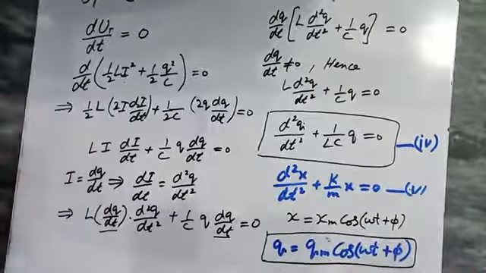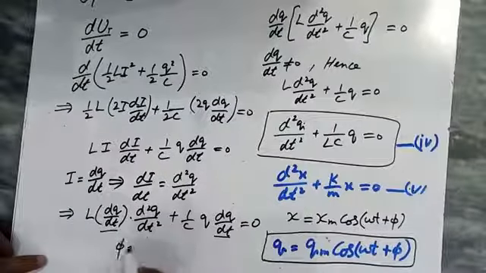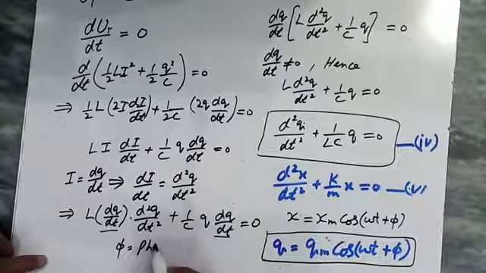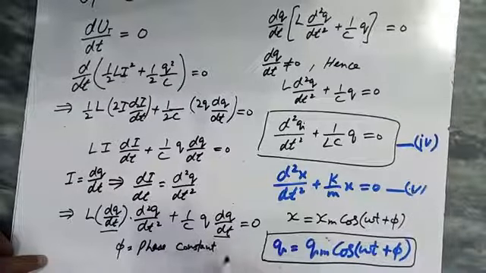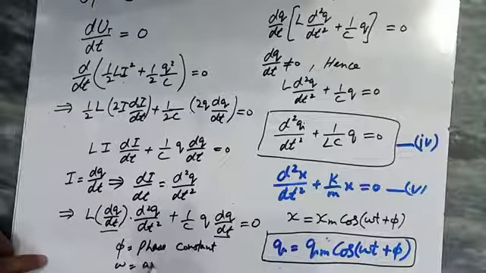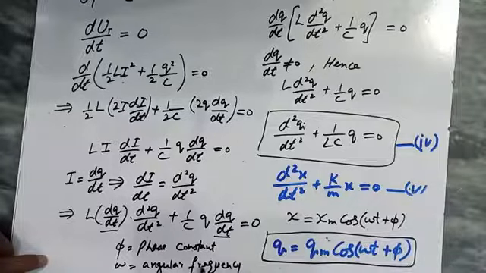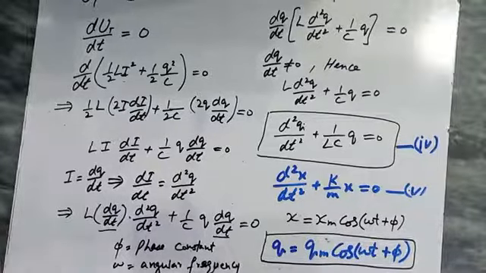I write it as: phi is the phase constant, or we can say it is the initial phase, and omega is the angular frequency of electromagnetic oscillations.